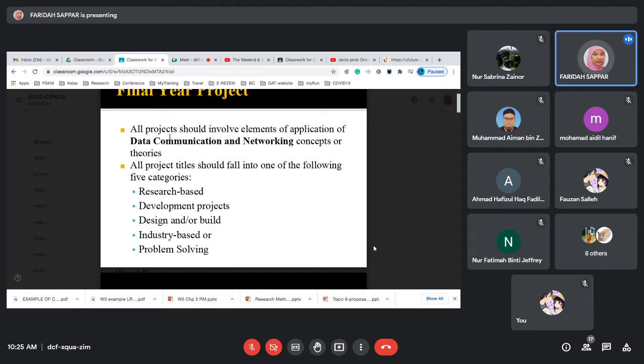Tapi kalau design ni, macam you all buat you nak study on certain types of protocol, so you guna Wireshark, you guna NS3 kan, any of the network simulation tools untuk you buat testing in term of certain concept on the protocol ke ataupun on traffic ke semua tu on the design. So that mean more on the simulation, more on the logical part, bukan you build.